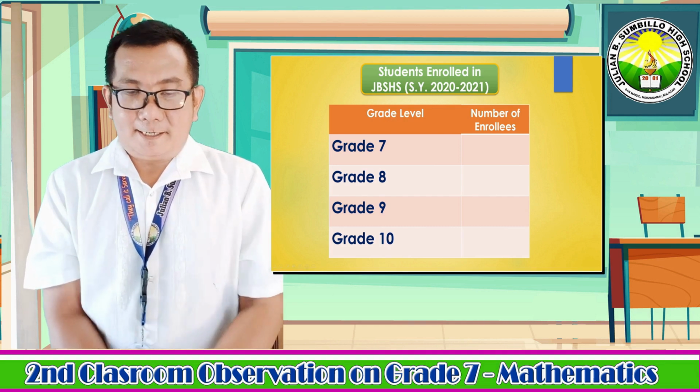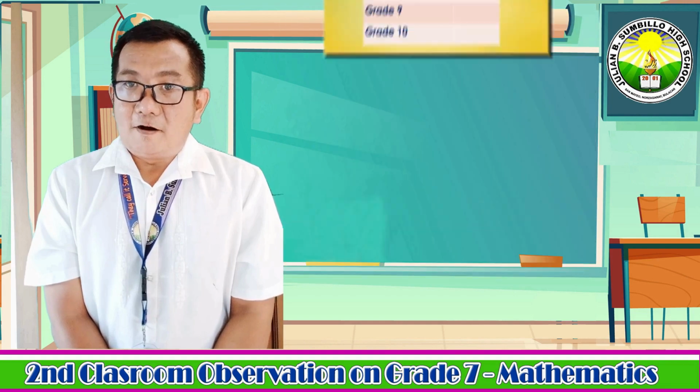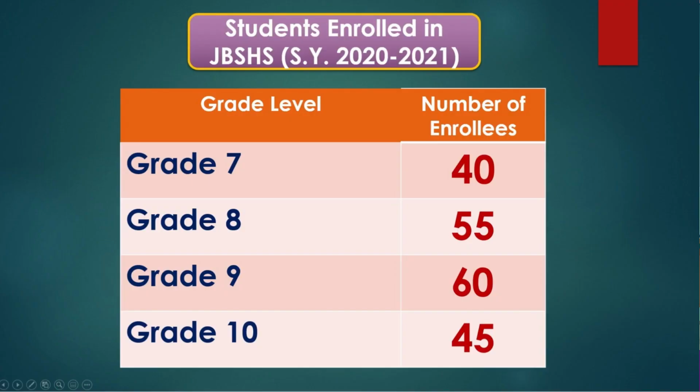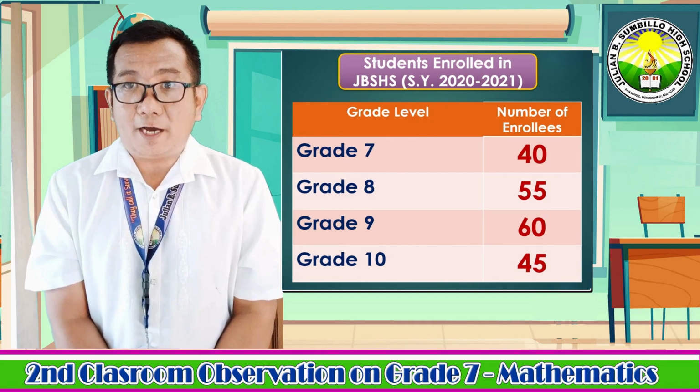And in this column, we have the number of enrollees. In grade 7, we have 40 students. In grade 8, we have 55 students. In grade 9, we have 60 students. And in grade 10, we have 45 students. So just an example, okay?